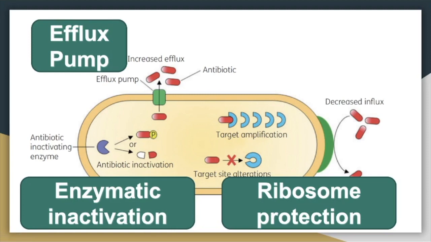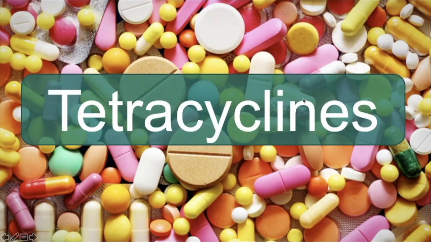Specifically, there's some sort of cytoplasmic protein that binds to the 30S subunit where tetracycline would normally bind. And when tetracycline tries to bind to the 30S subunit and there's already somebody there, it can't work. And that is the reason why you have resistance in that case.